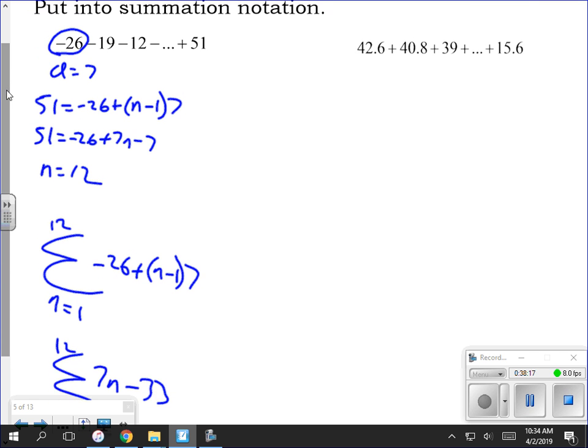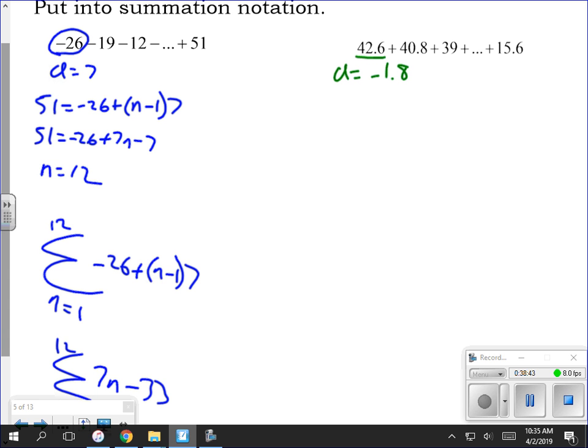Okay, so this one, my first term is 42.6. My D is, I'm going down, my bad. 40.8 minus 42.6, negative 1.8. D equals negative 1.8.